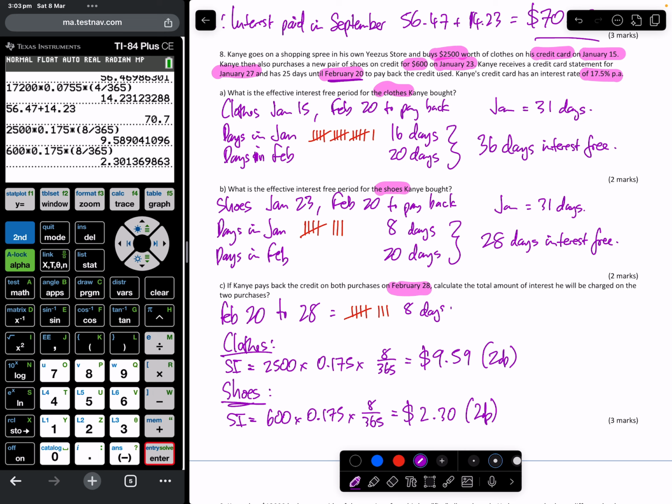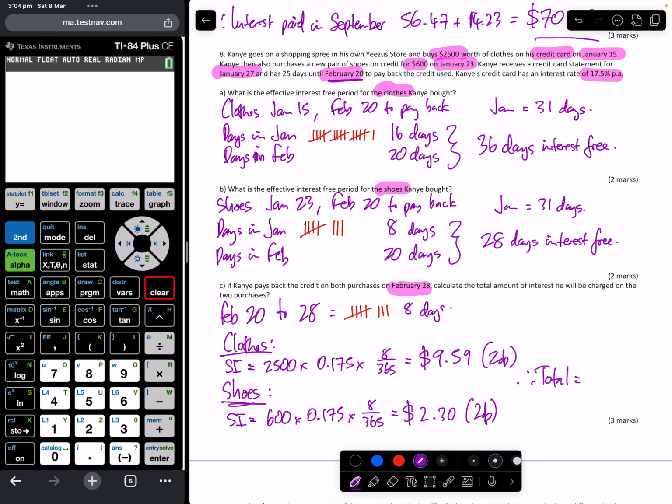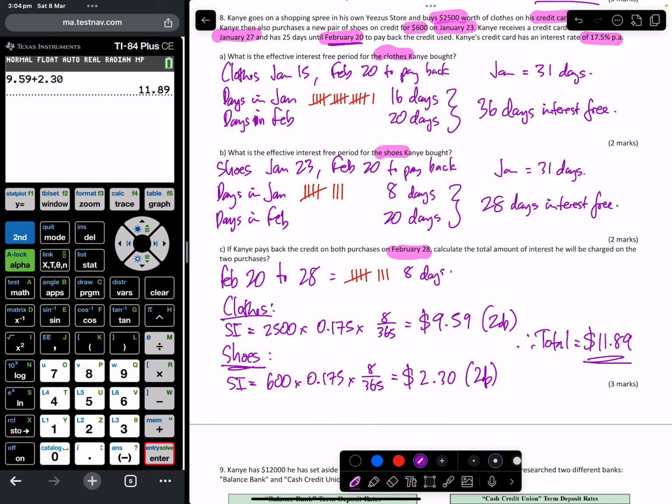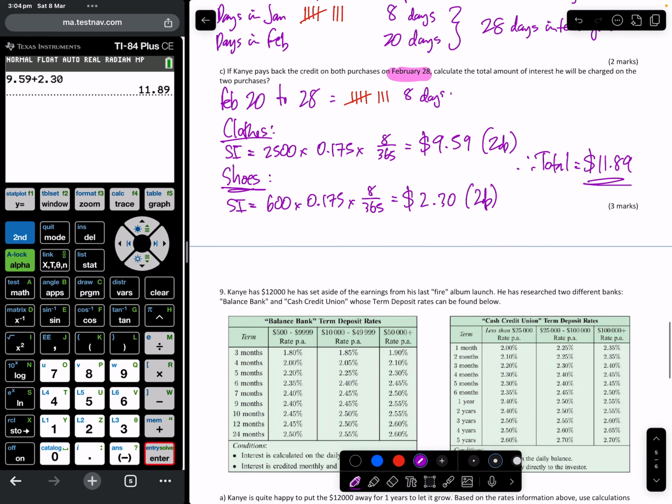Total amount of interest, therefore, is $9.59 plus $2.30, $11.89. That's that page done. That's the total interest on both purchases.